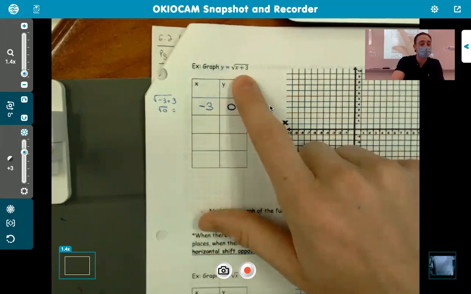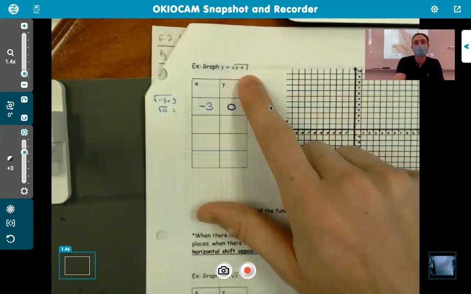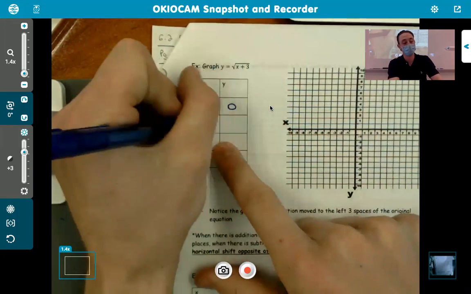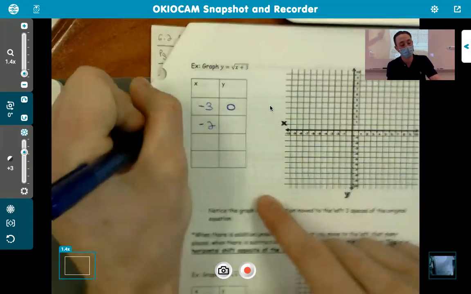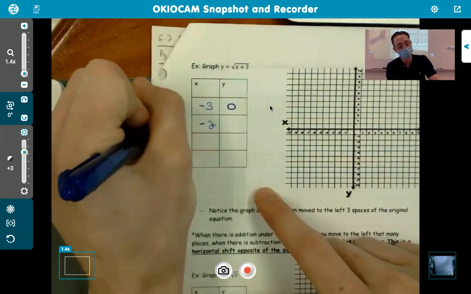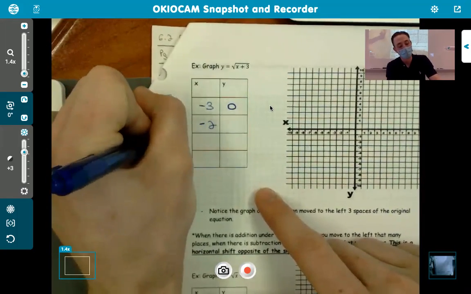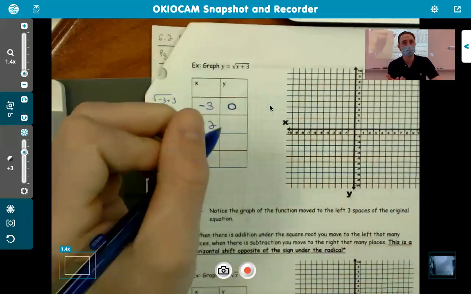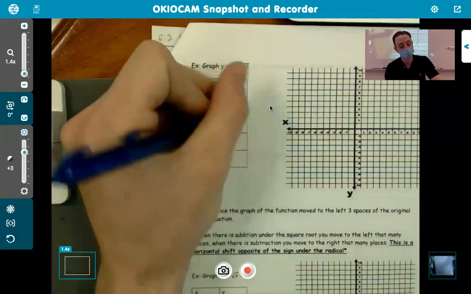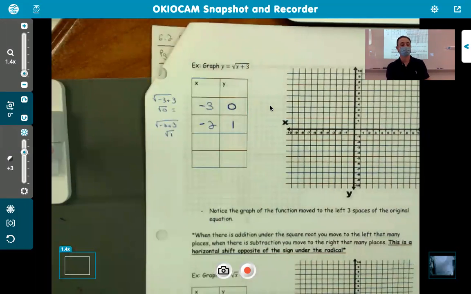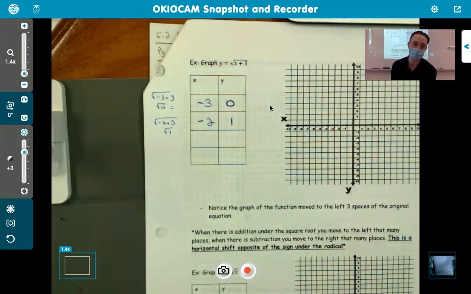Well, what should I add to 3 to get to the square root of 1? -2, right? So -2 plus 3 gives me the square root of 1, and the square root of 1 is 1. So I'm trying to be strategic about the x values that I plug in. And not every time will the table be given to you with those x values included.